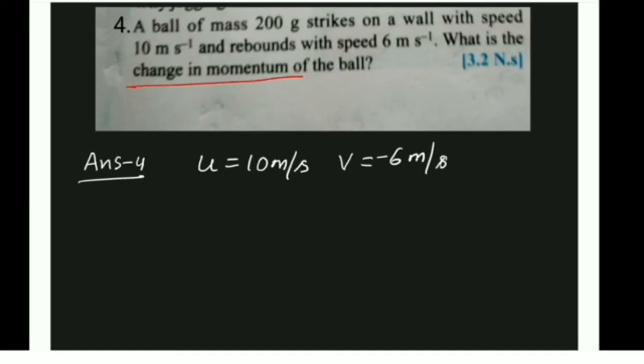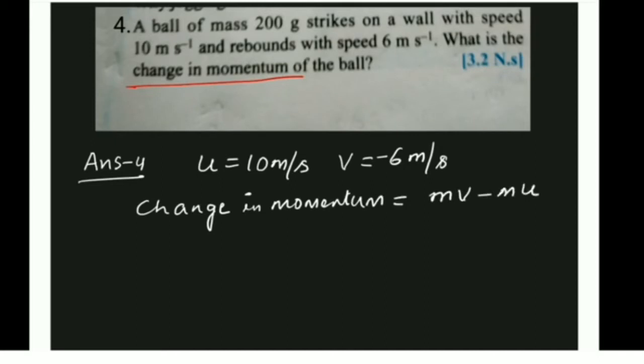So how to calculate this? Same formula we will apply. Change in momentum equals mv minus mu. Now m is coming common, so m(v minus u). Now what is the value of m given in the question?